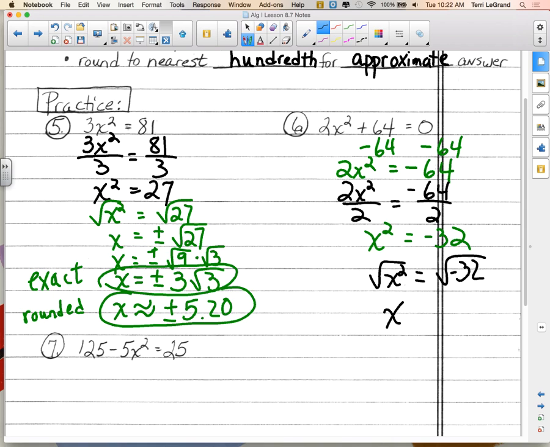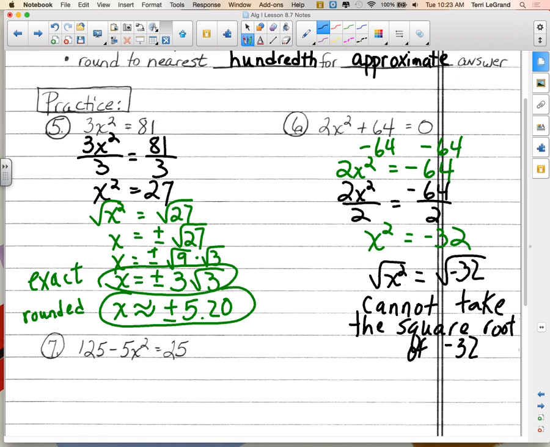No. We can't do that, so in our notes, let's put this: cannot take the square root of negative 32.